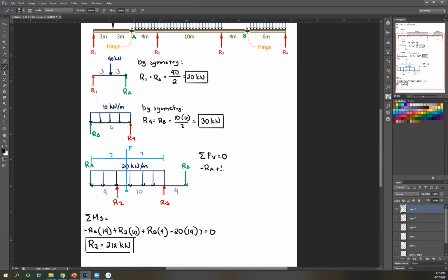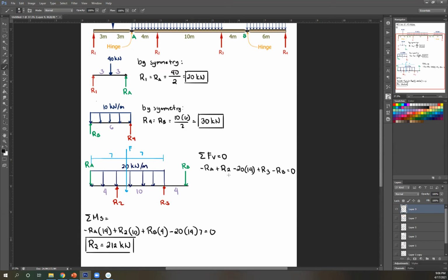We have downward force, like downward distributed force, so negative, and then equivalent force again is just the area, so 20 times base is 14, plus R3 since upward, and then minus RB. Equate all of that to 0.